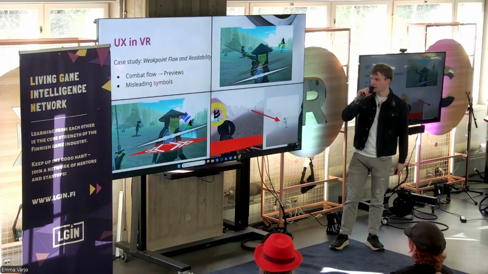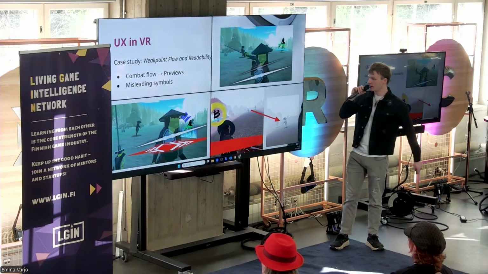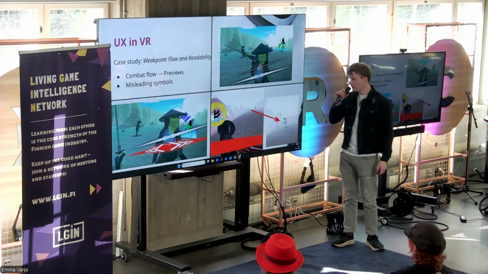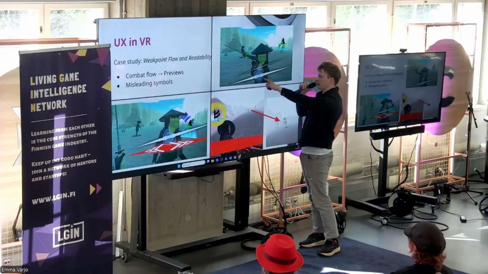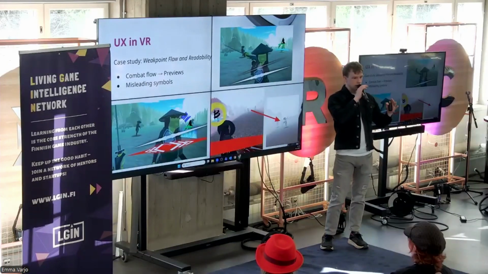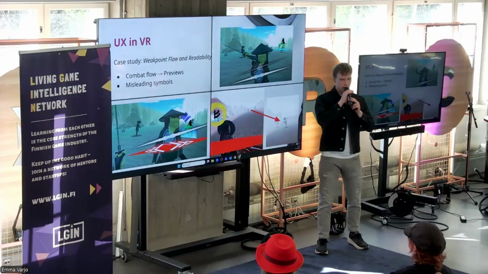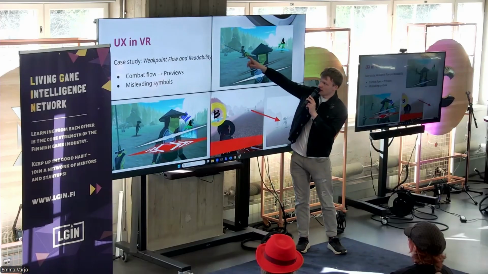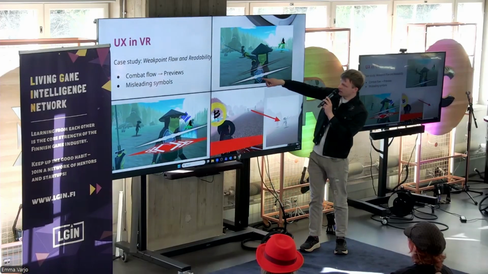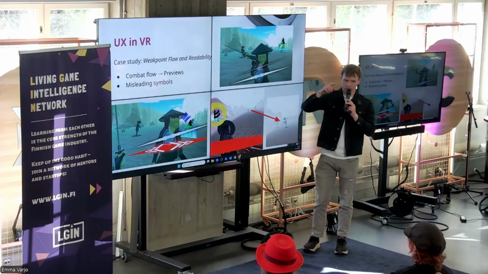Now the players realize that they cannot hit them. However, the problem was that players thought this was a cue that they need to do something. They thought they needed to block the incoming enemy attack, aligning their sword this way, because there's a shield icon.